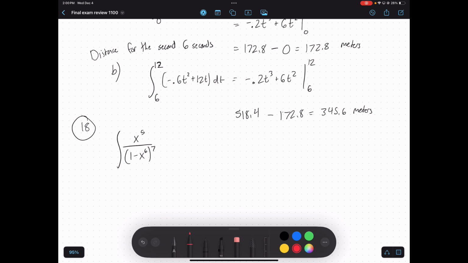Why? What do we notice with this problem? It has a function within a function. I have 1 minus x to the 6th inside of this raised to the 7th power.